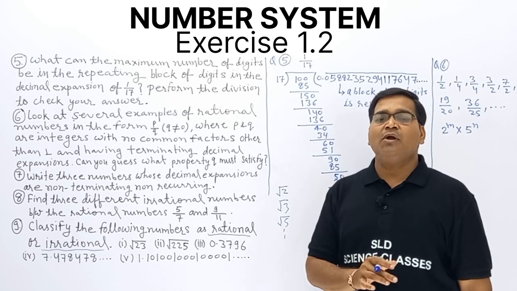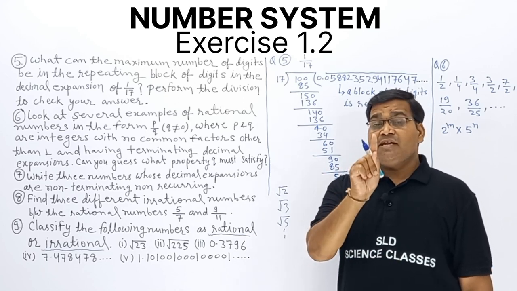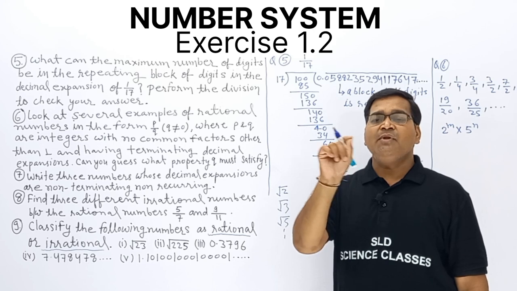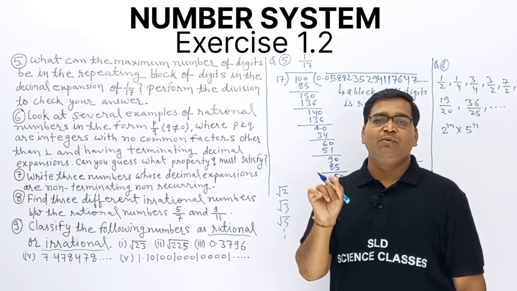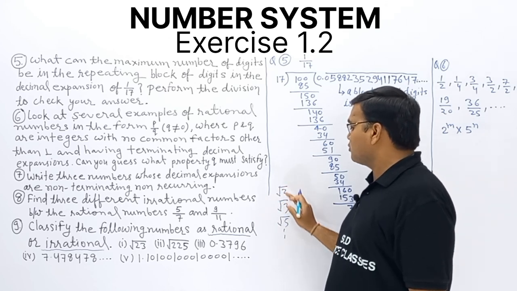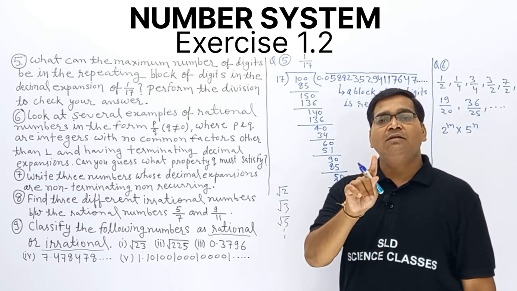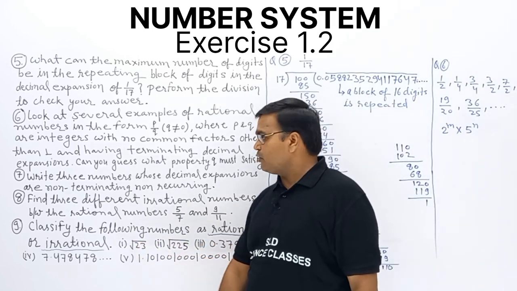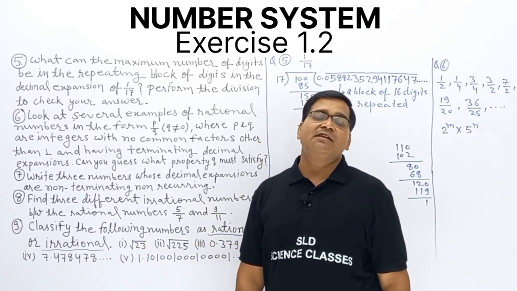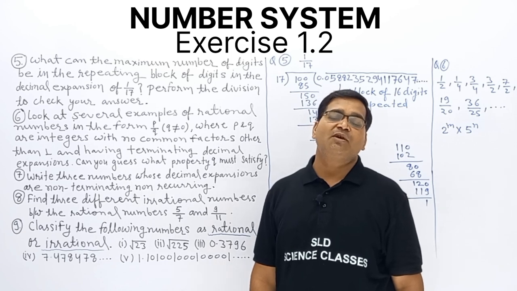So that one will be irrational. Irrational numbers include square roots of prime numbers. So is this one rational or irrational? This one is irrational. Why? Because 23 is a prime number.